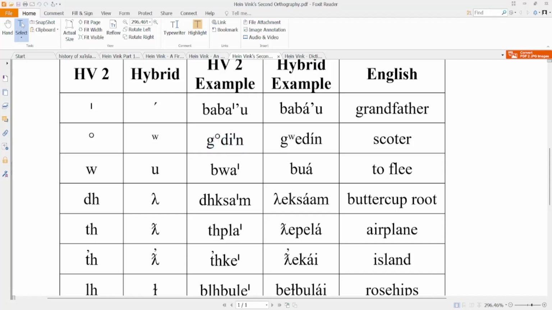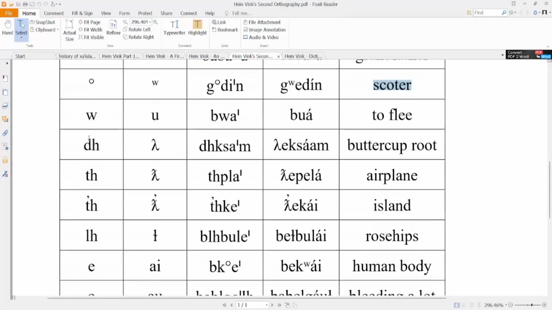The small raised W means that this is a rounded G, gwa. And this is the hybrid equivalent of Gwadine, which means scotter or scoter. I'm not actually sure how to pronounce that, but it's a kind of duck from what I've heard.